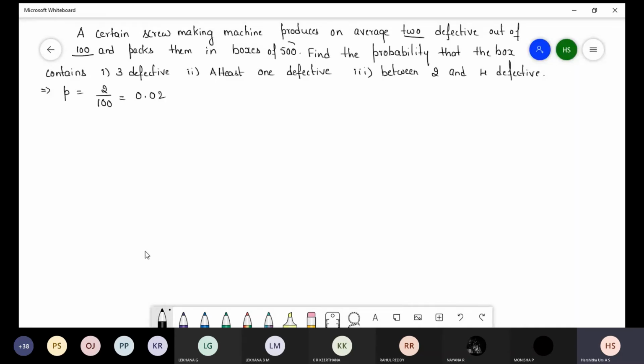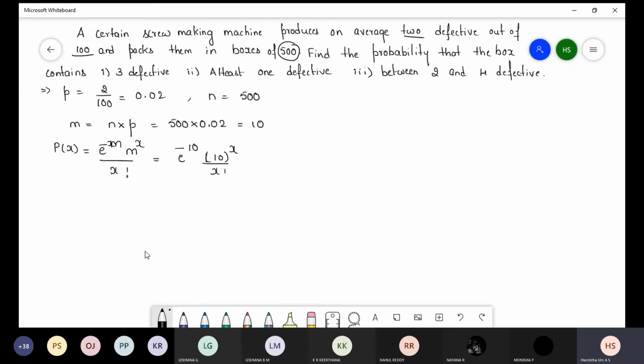Packs them in boxes of 500, so n is equal to 500. m is equal to n into p, so 500 into 0.02 is 10. Now write the probability function: e power minus 10, 10 power x divided by x factorial.